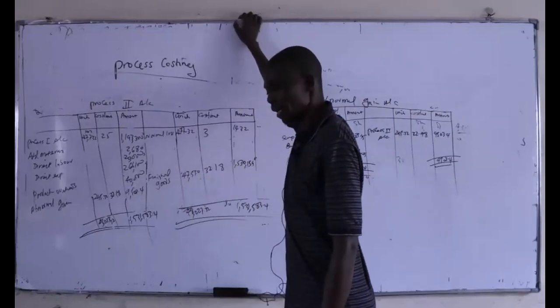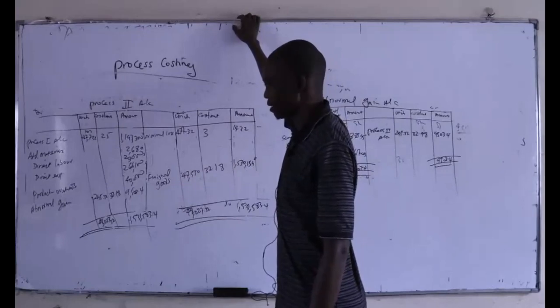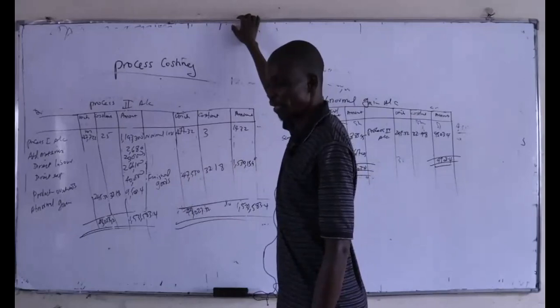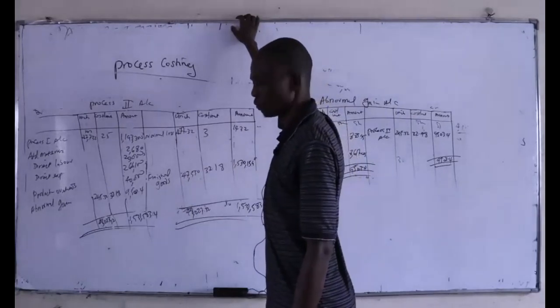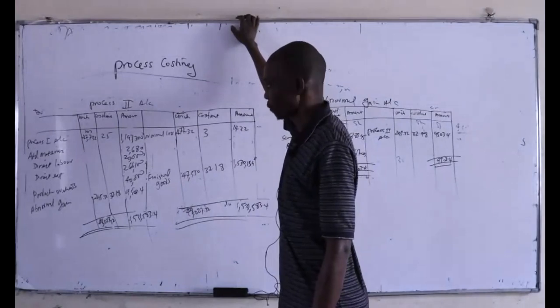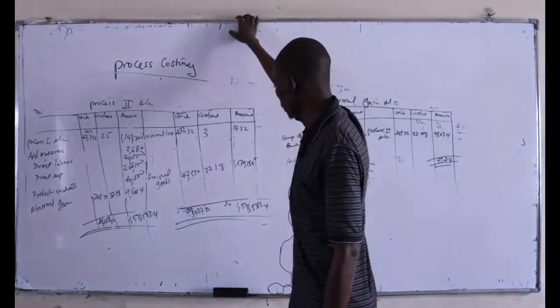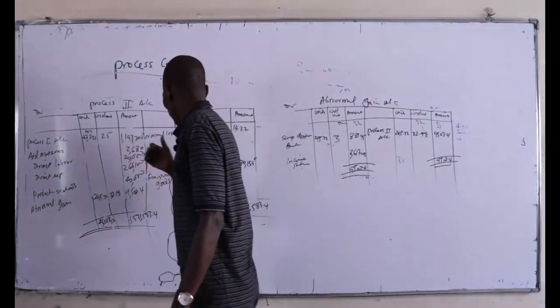We said it's basically the total cost for that process minus the scrap value of normal loss, if any, divided by the expected units. The expected units of production is simply the input units for that process minus the normal loss from that process, and you are able to get the cost per unit as we have seen there.